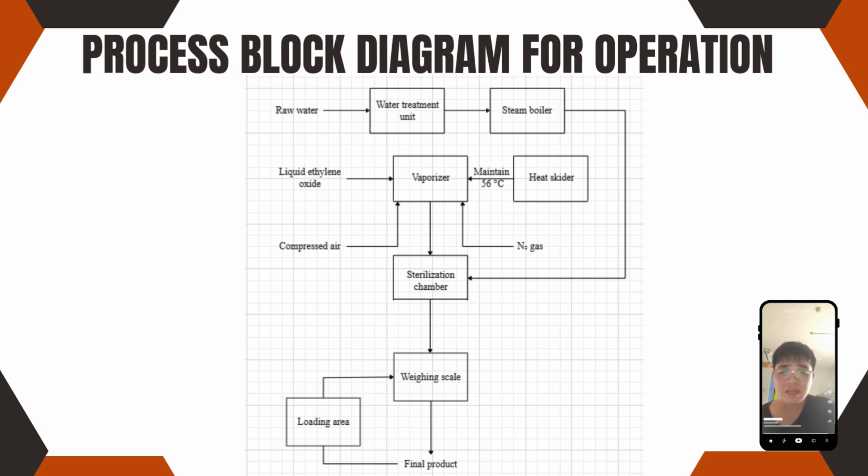After completing the sterilization cycle, the products are transferred to a weighing scale for quantity verification before being released as the final product, which is known as cannulas. If any items fail inspection, they are returned to the loading area and repacked if necessary. Then they will be reprocessed in the sterilizing chamber. Here is the overall operation for this sterilization process for EO.